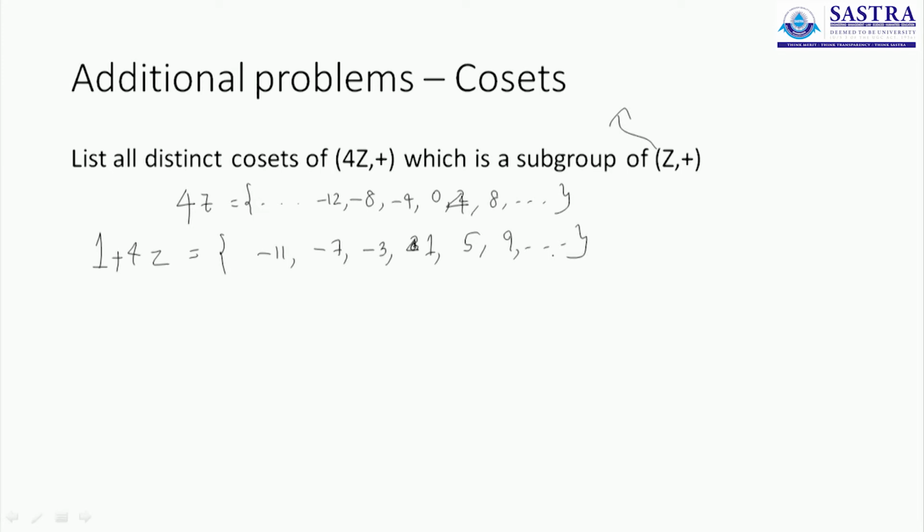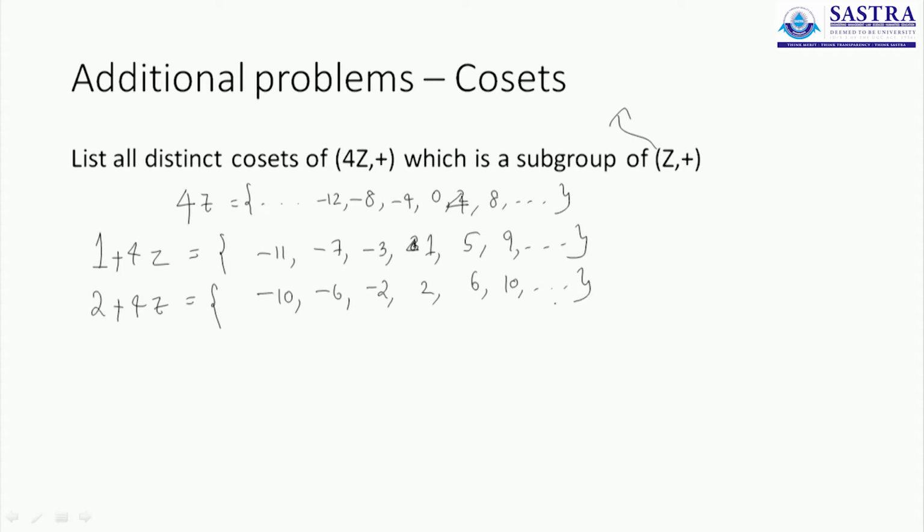So this is one coset. Can it have one more distinct coset? It turns out it does, because when you add 2 to every element, you will get another coset. 2 and minus 12 is minus 10, 2 and minus 8 is minus 6, 2 and minus 4 is minus 2, 2 and 0 is 2, 2 and 4 is 6, 2 and 8 is 10 again.